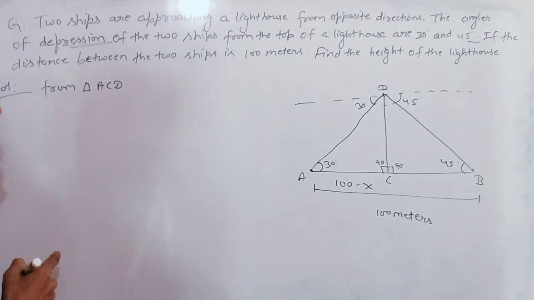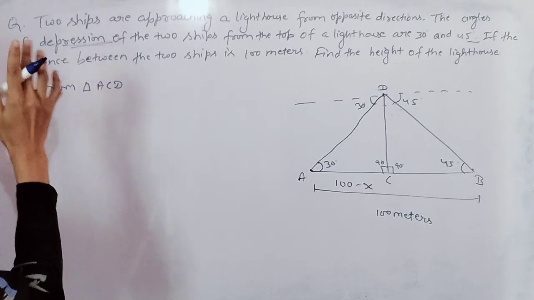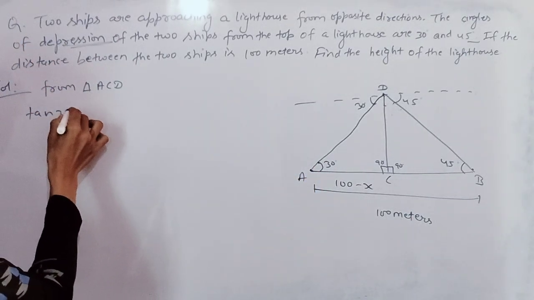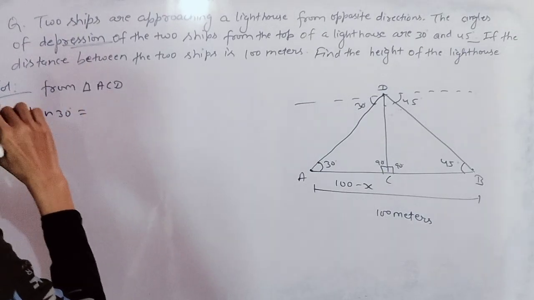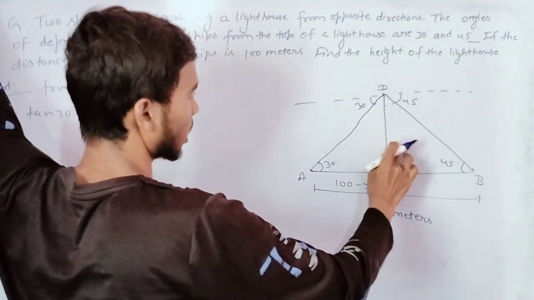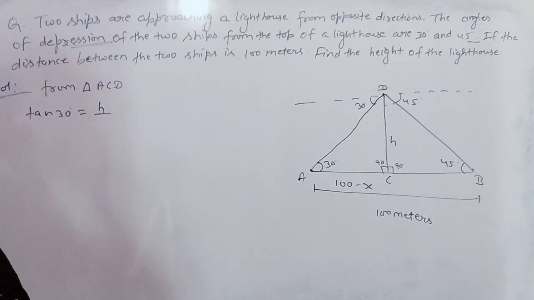Now in ACD, tan 30. Let's say this is the height h, h upon 100 minus x.